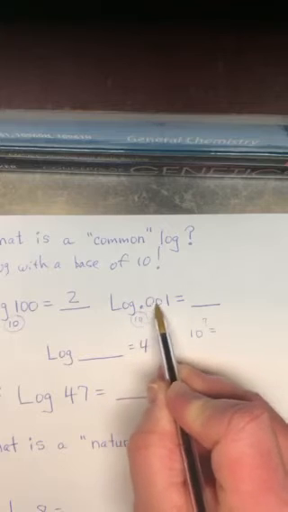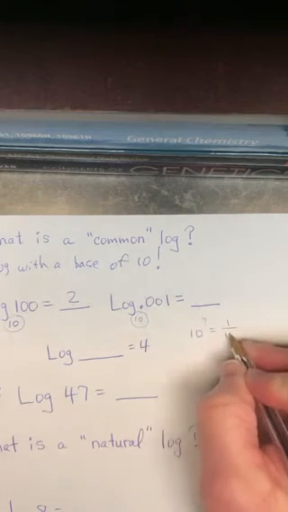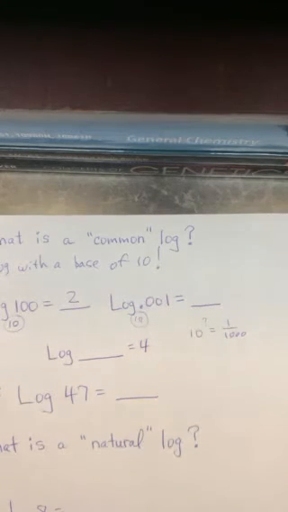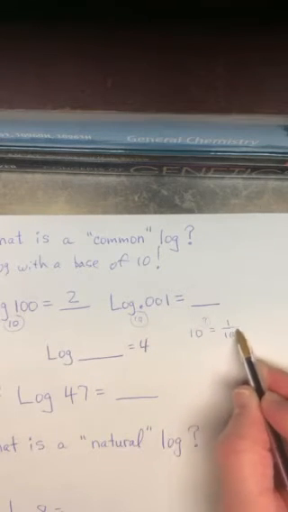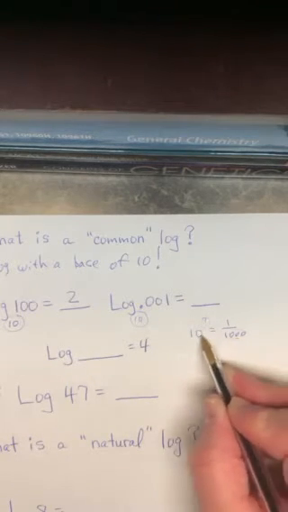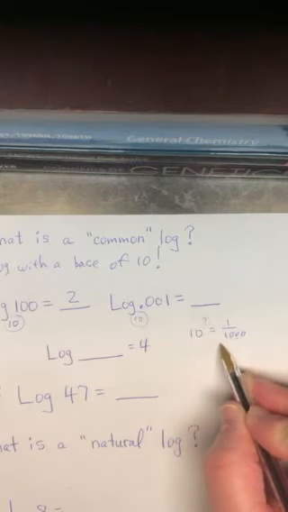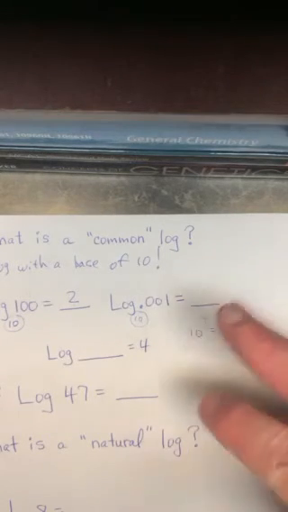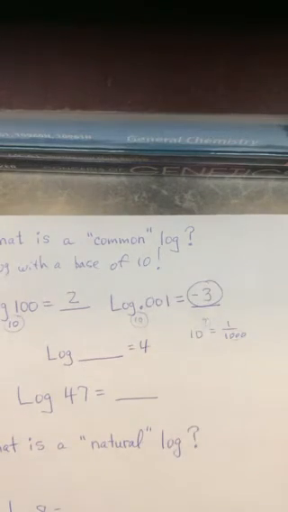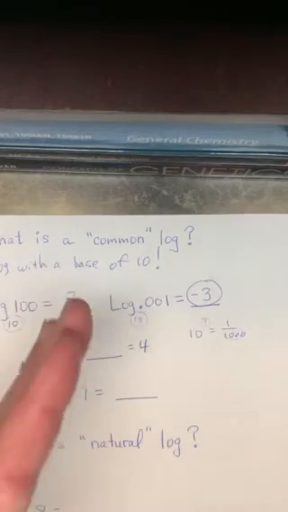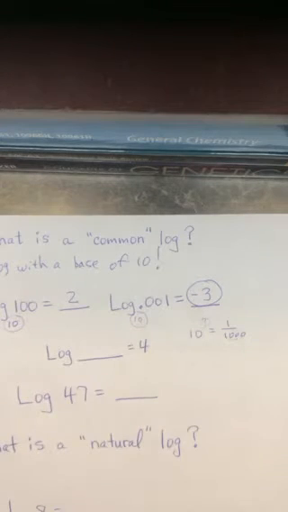So 0.001 is really 1/1000th. Oh, so 10 raised to what power gives you 1,000? Wouldn't that be 10 to the 3rd, 10 times 10 times 10? But since it's flipped over, my answer is -3. Just some logical thinking involved in logarithms.